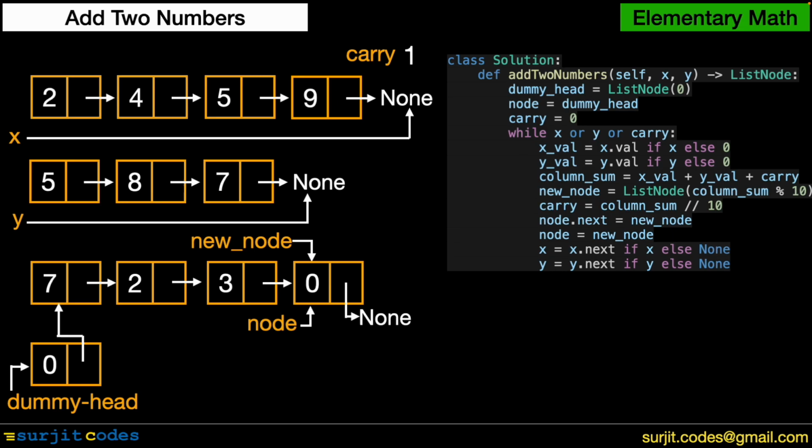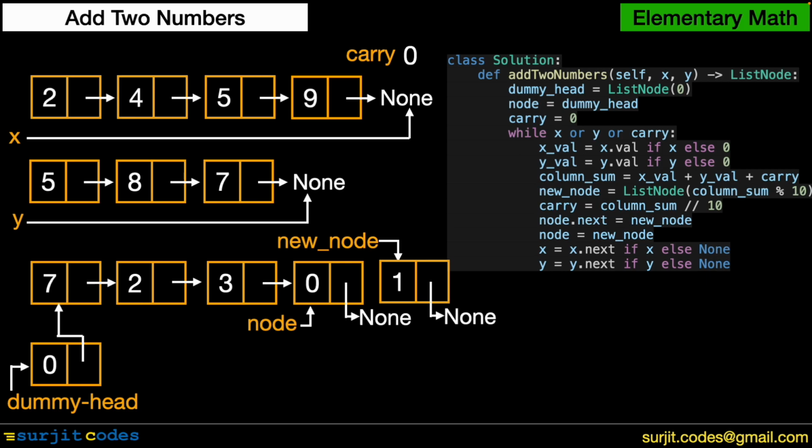Both x and y are none, but the loop continues because carry is not 0. Both x val and y val are 0, column sum is 1. So we create a new node with val equal to 1. Carry now becomes 0. We point node next to new node and then point node to new node.